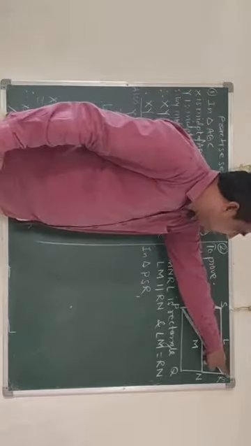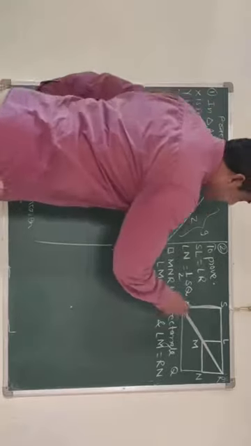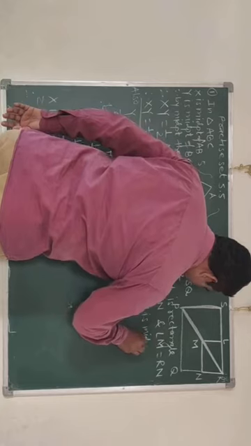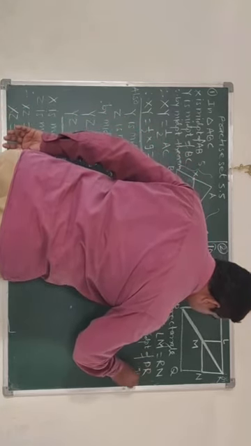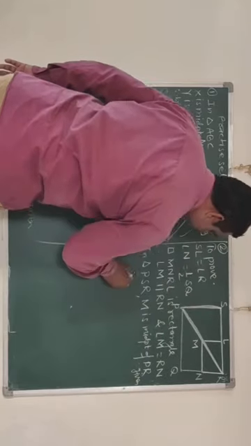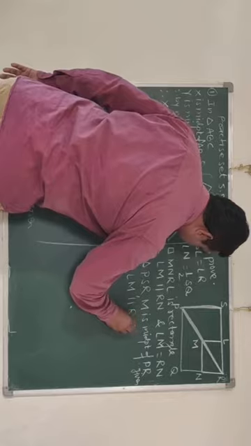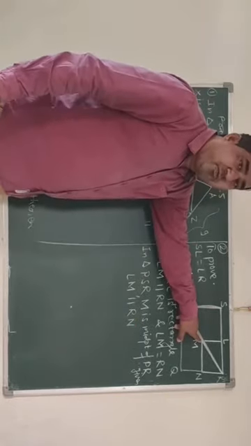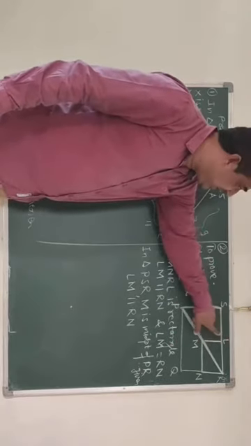Now check half portion. Check your given part. Here is the midpoint of PR, which is given to you. And this LM is parallel to RN. So from the midpoint of one side of a triangle, if a parallel line is drawn, then it bisects the third side.